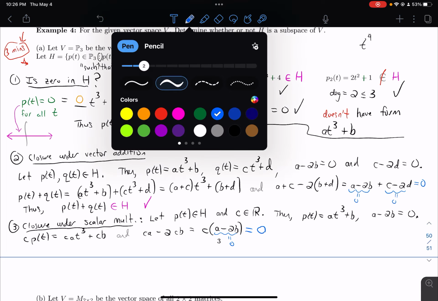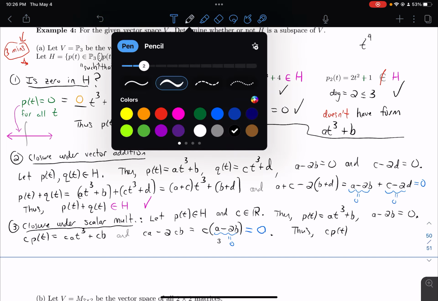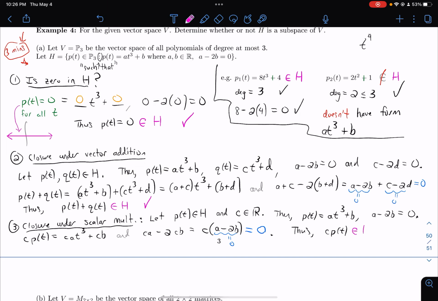So thus, multiplying my polynomial by a scalar still keeps it in H. I'll put a check mark. So all three conditions hold.